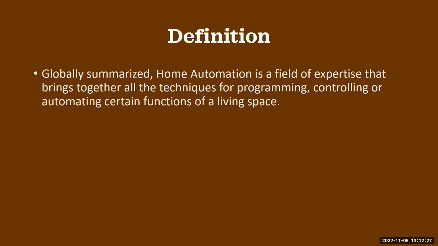So a definition for home automation, if you look at it globally summarized, is a field of expertise that brings together all the techniques for programming, controlling, or automating certain functions of a living space.